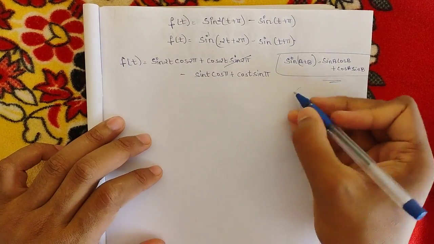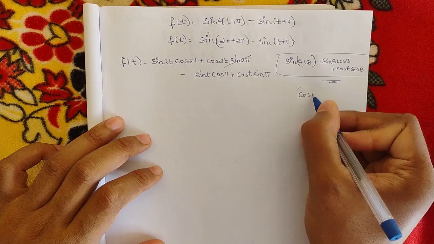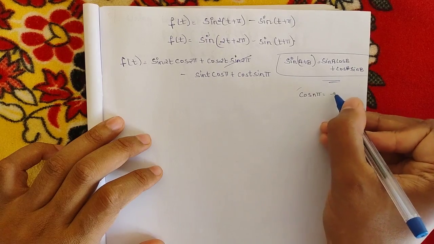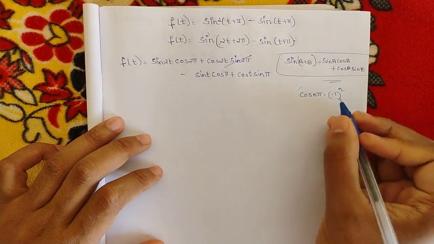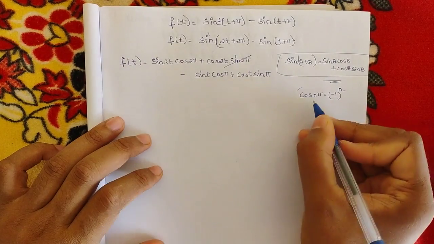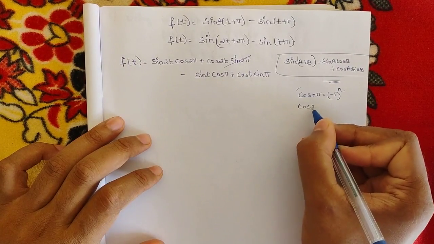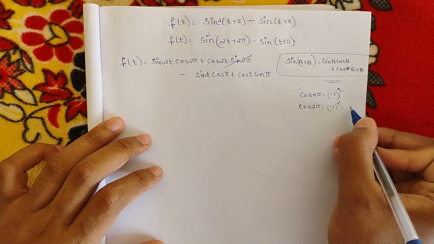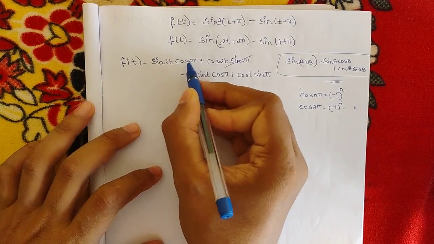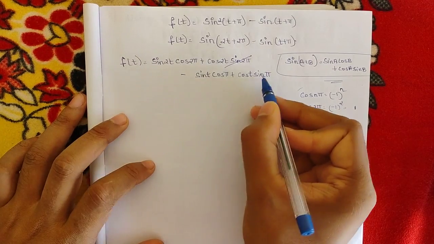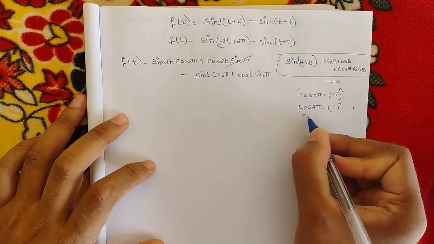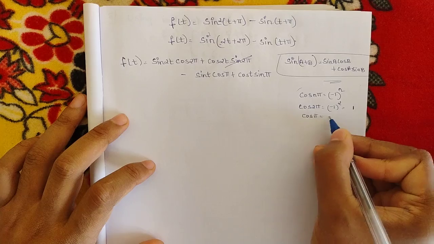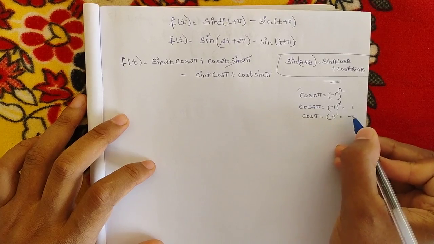We have one formula for that as well, that is cos n pi is given by minus 1 to the power n. In place of n we have here 2, so cos 2 pi is equal to minus 1 to the power 2, that is plus 1. So here we have one more term, cos pi. Cos pi is equal to minus 1 to the power 1, that is minus 1.